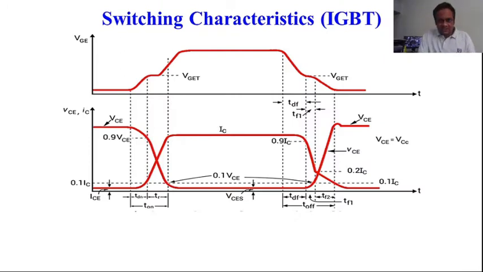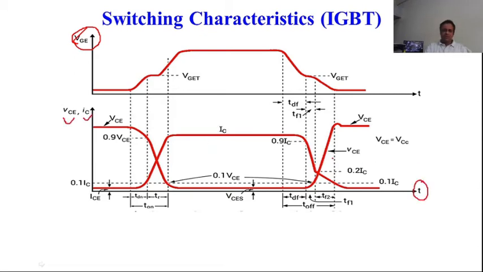Now we are going to discuss the switching characteristics of IGBT. As you can see here, switching characteristic means we are going to plot the parameters against time. Here we have plotted VGE versus time, and VCE and ICE versus time.